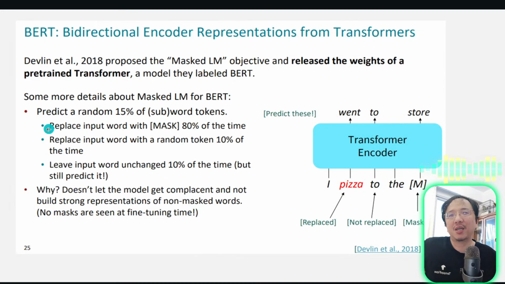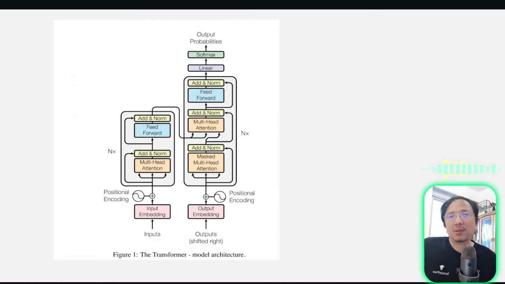Okay, so let's first see how we can train the transformer encoder separately, because the encoder can definitely work without a decoder, so that won't be a large issue.